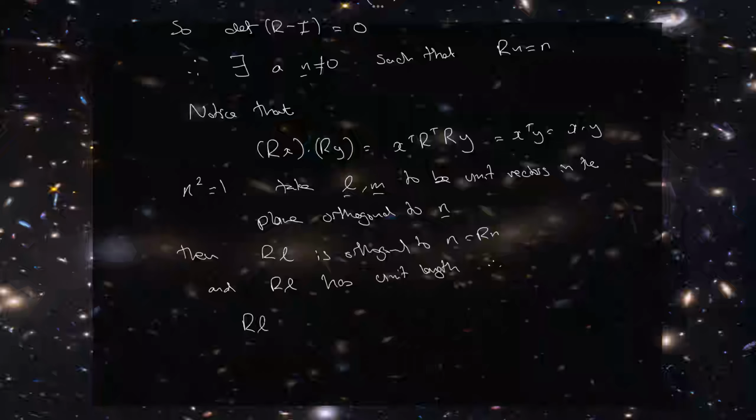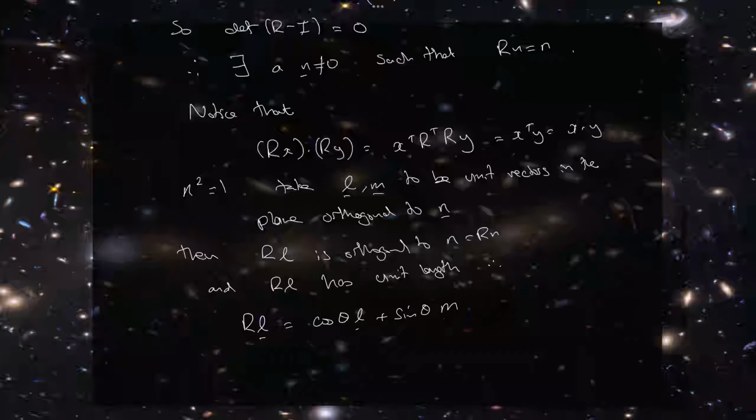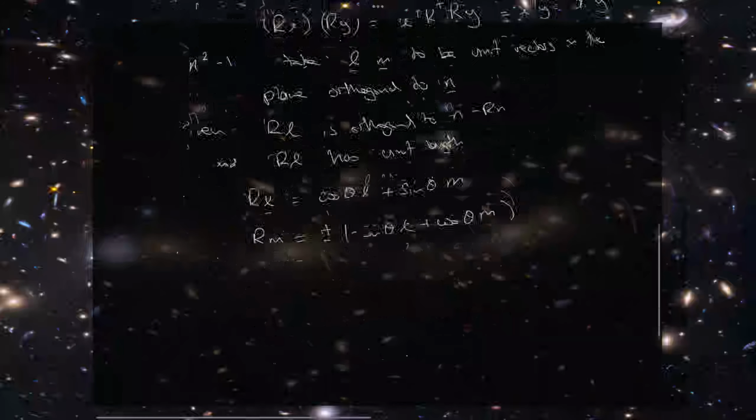Therefore, Rl can be written as cos theta l plus sin theta m, because l and m span the space orthogonal to n. Similarly, Rm must be both orthogonal to n and orthogonal to Rl. So therefore, it must be equal to either plus or minus sin theta l plus cos theta m.